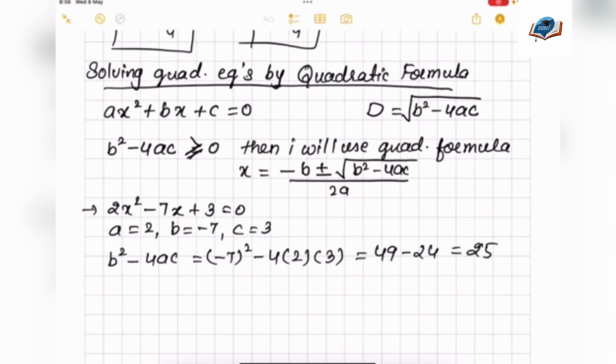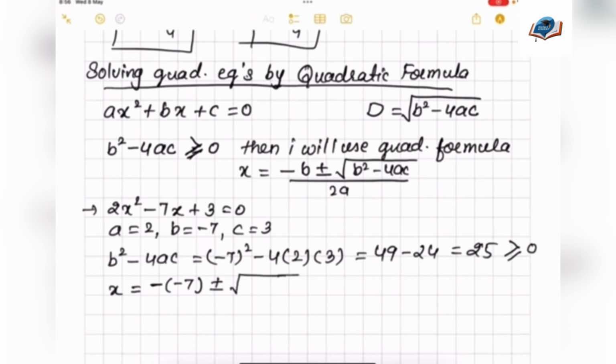So I will have the formula x equal to minus b, that is minus of minus 7, plus or minus root of b square minus 4ac, already we have found, that is 25.